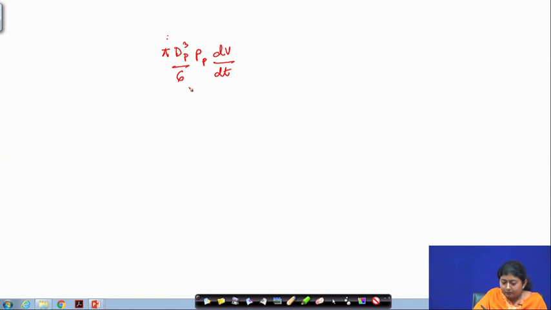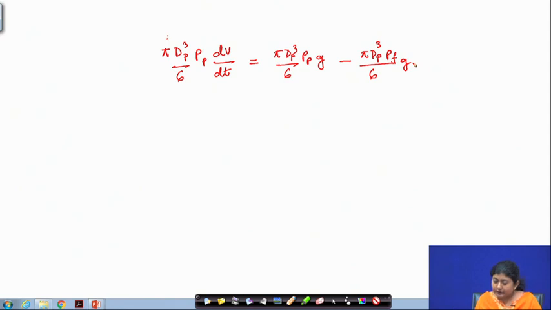This is the mass into acceleration of the ball, and that will be equal to pi dp cube by 6 into rho p into g, the gravitational force acting downward, minus pi dp cube by 6 rho f g, which is the buoyancy force, minus the drag force, with a constant C d into area pi dp square by 4 into rho f v square by 2.